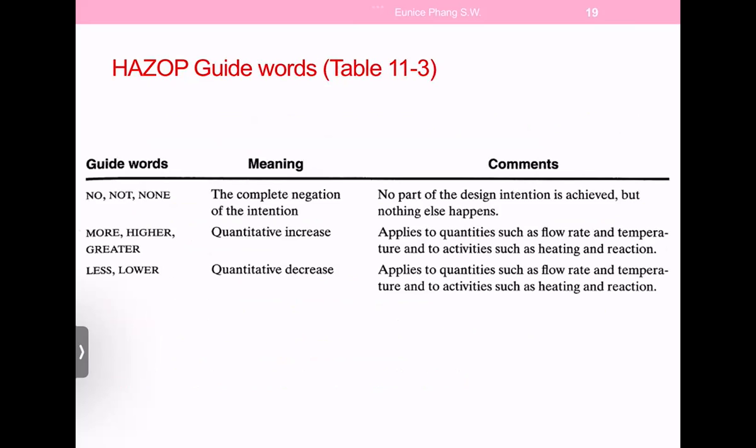Just now we said we want to work on temperature, for example, as our process parameter. And perhaps we look at reactor temperature. Let's be more specific. Then we choose our guide word.